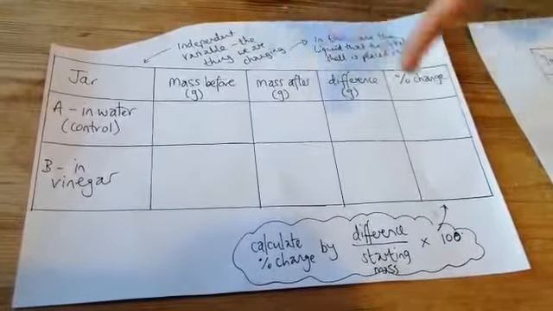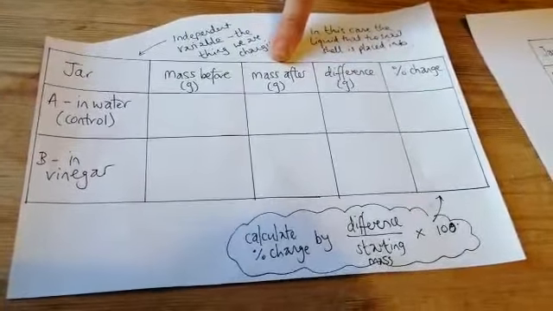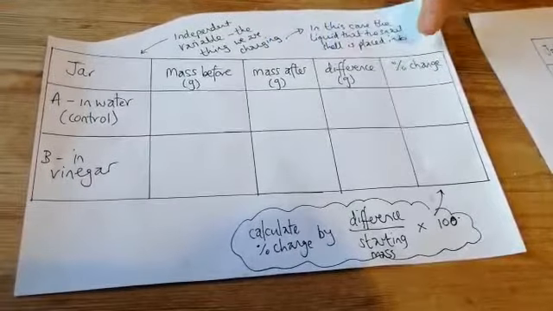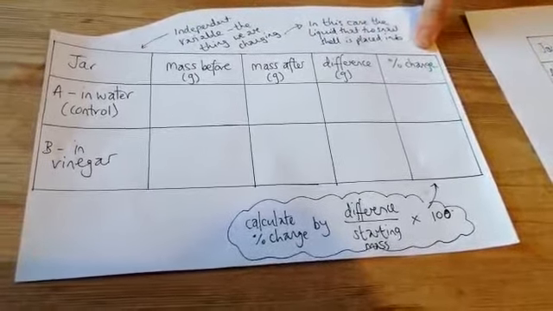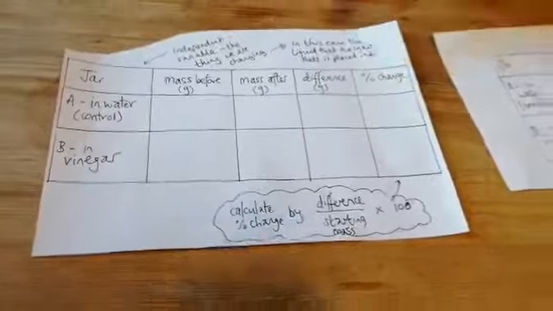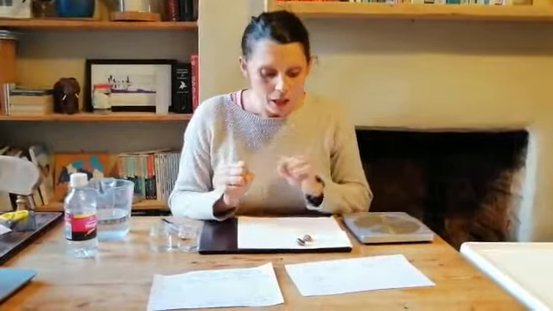Then at the end you could measure your mass after, calculate a difference, and then you could even calculate a percentage change, depending on what year at school you're at. Probably after about year 8, year 9, you might be wanting to calculate a percentage change. You do that by dividing the difference, so this column, by the starting mass, times by 100 to get a percentage. It's a really good way of looking at how the shell has changed.